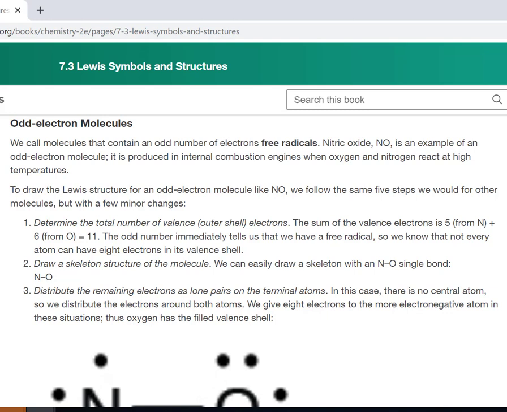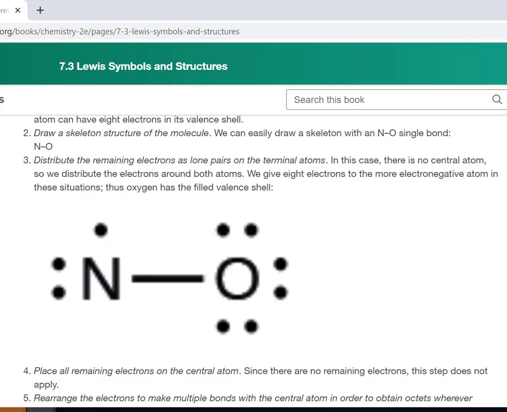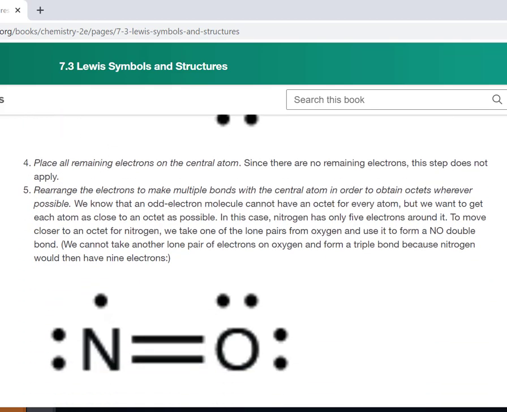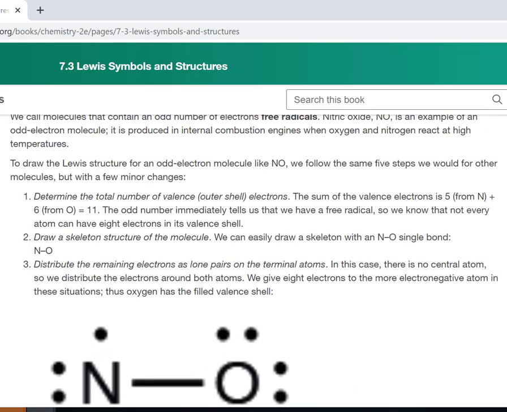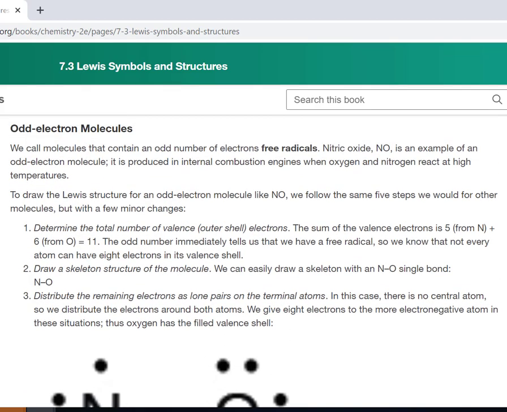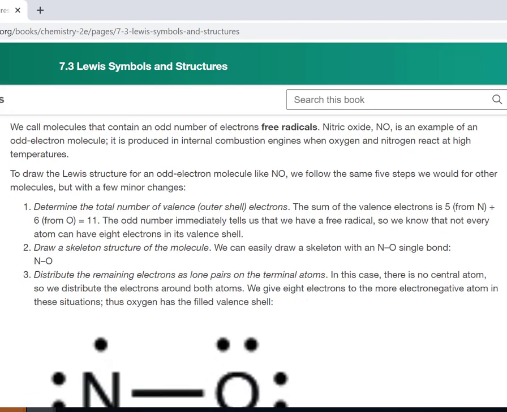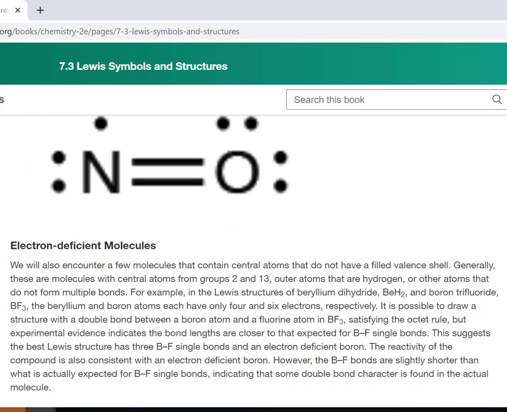We aren't going to get too deep into this, but whenever you notice an odd number of valence electrons, it will be a free radical that therefore does not follow the octet rule. There are a couple of examples of those right in here. We're not going to worry about the 5 steps for these ones that don't follow the octet rule. Just be aware that that is something that exists.